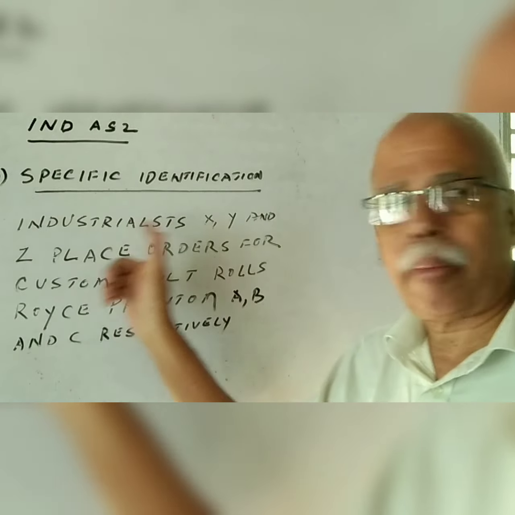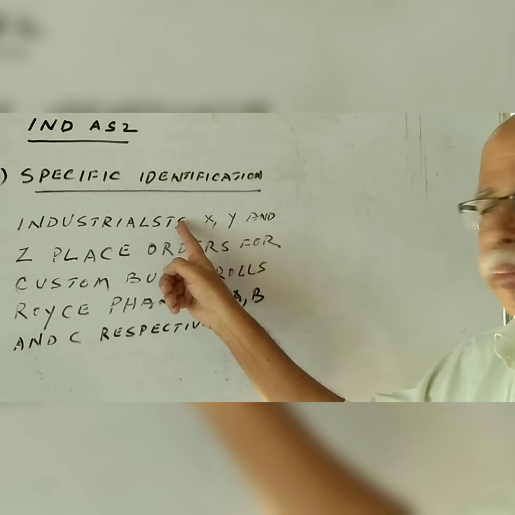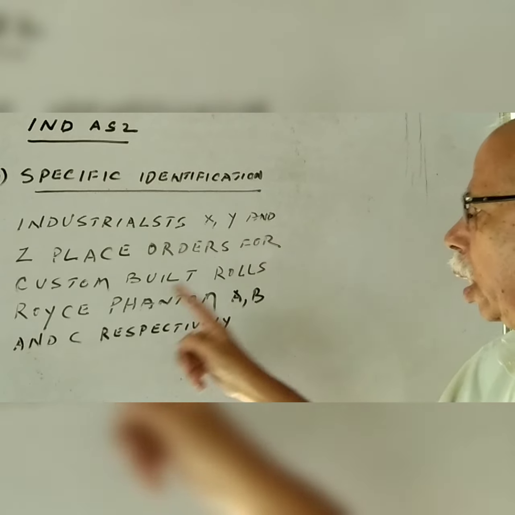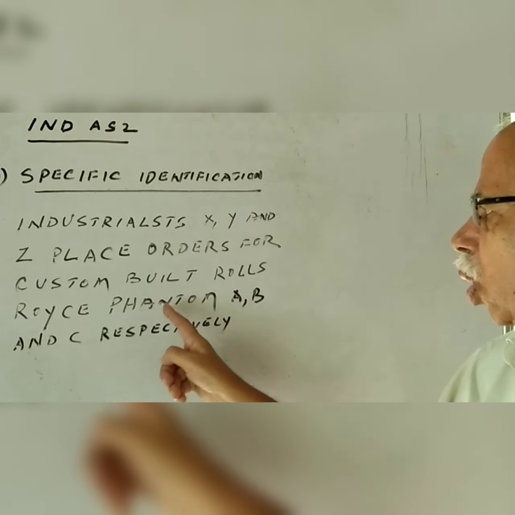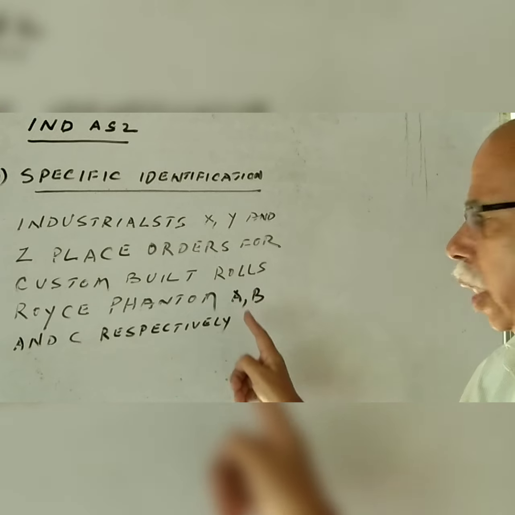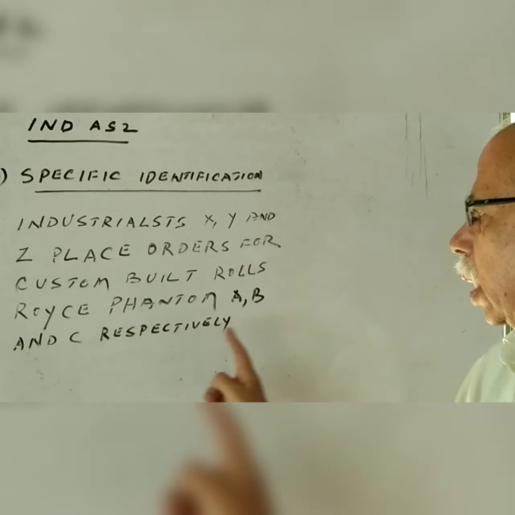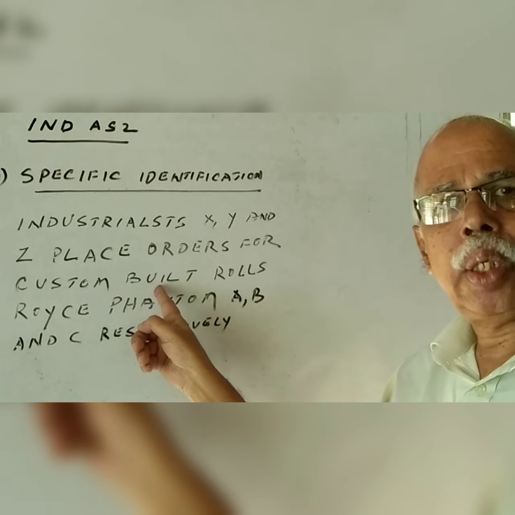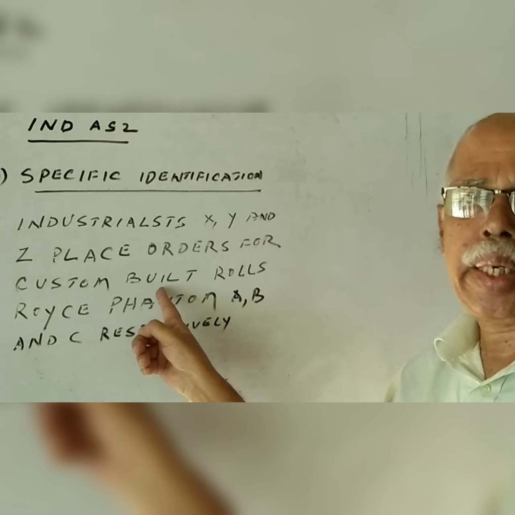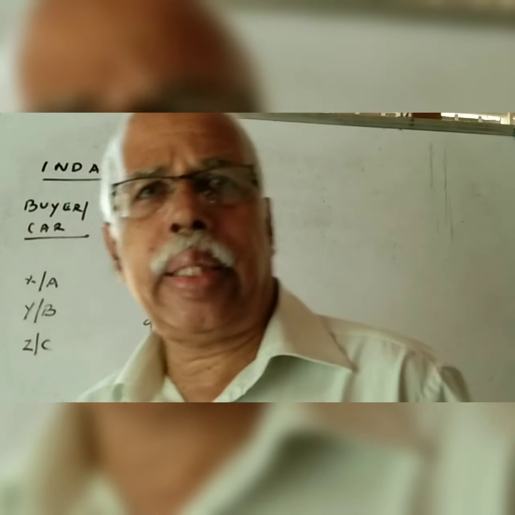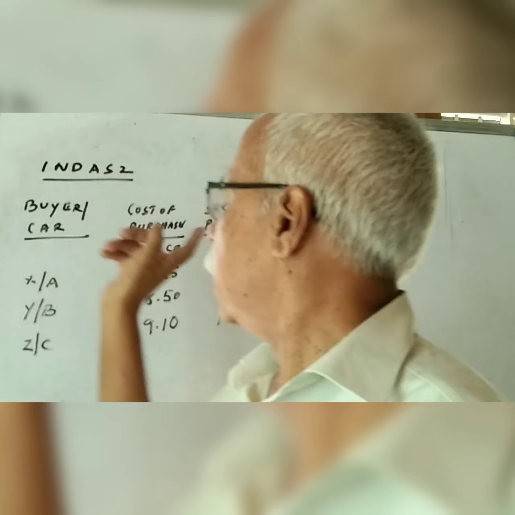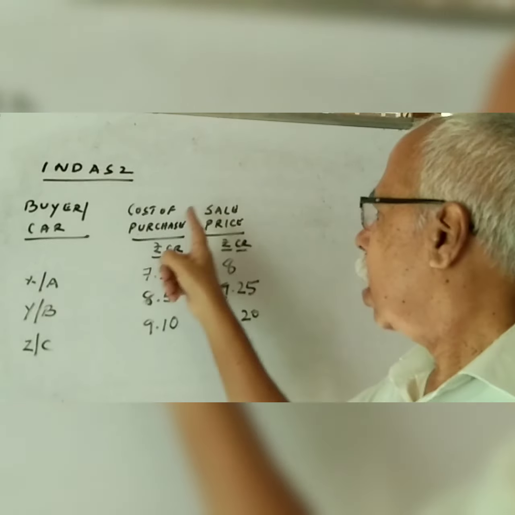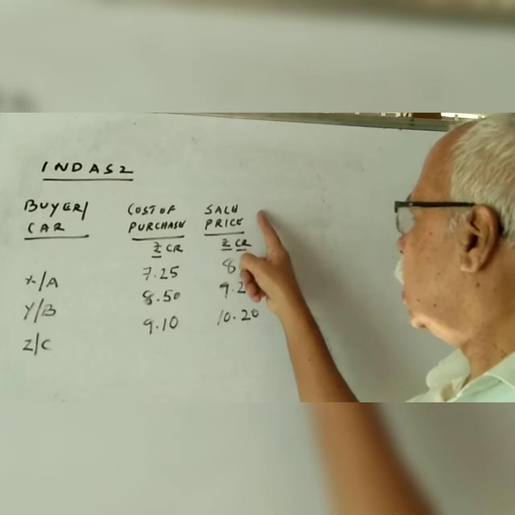Let us now take an example. Industrialists X, Y and Z place orders for custom built Rolls-Royce Phantom cars A, B and C respectively. Custom built means made according to the specification of a buyer. The other needed information is buyer, car, cost of purchase, sale price.